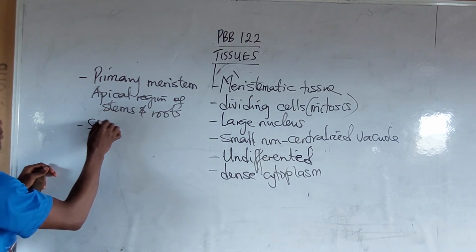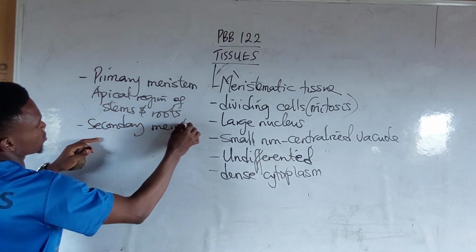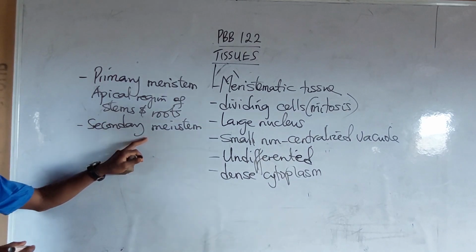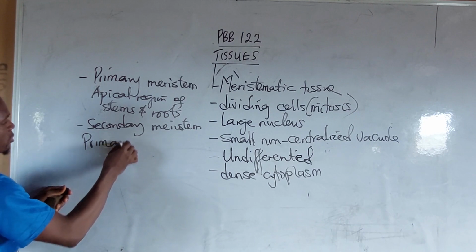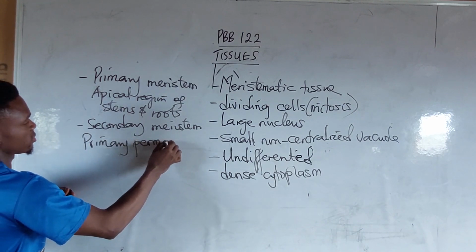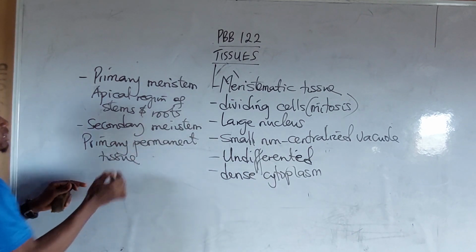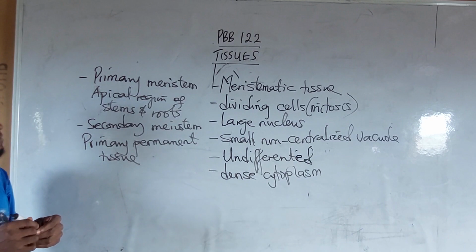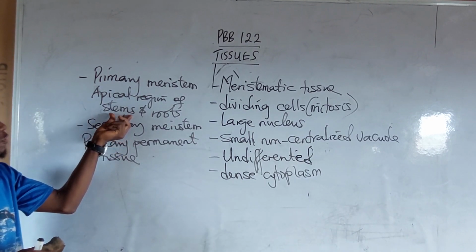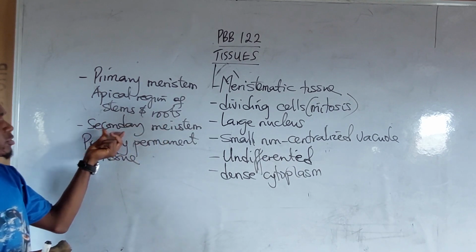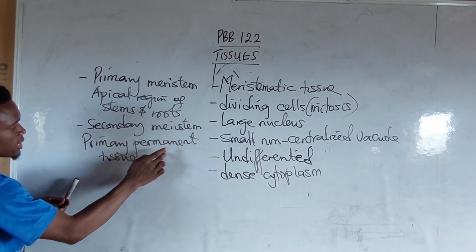We now have secondary meristem. The cells of this meristem, together with the primary permanent tissue.